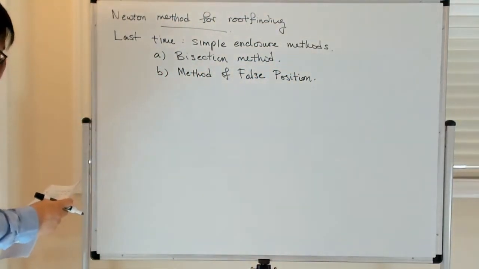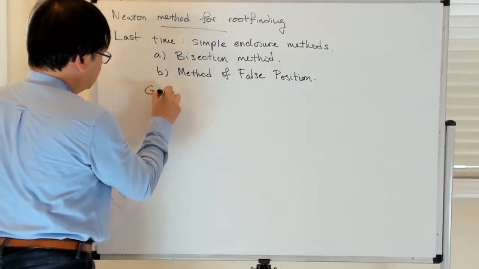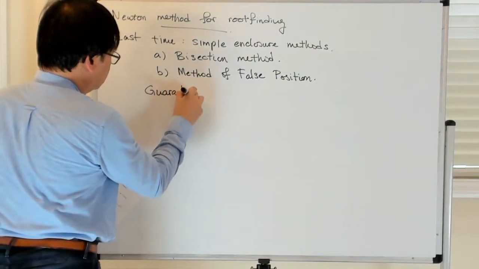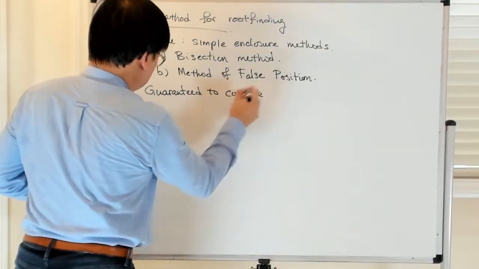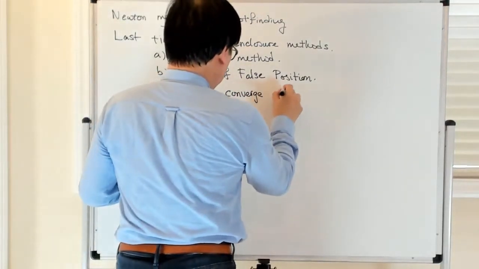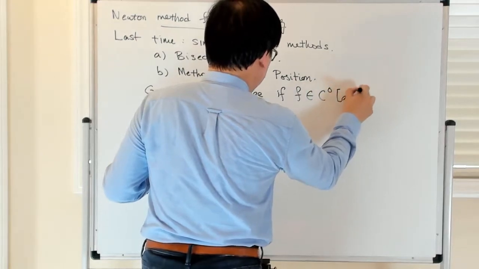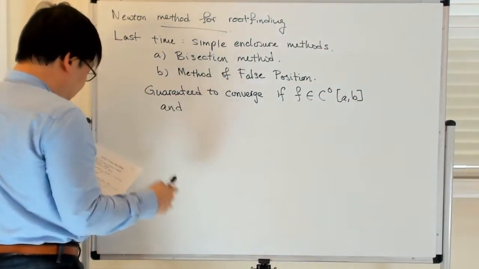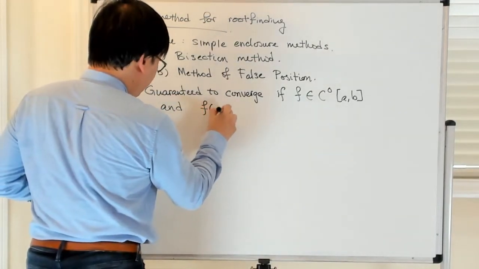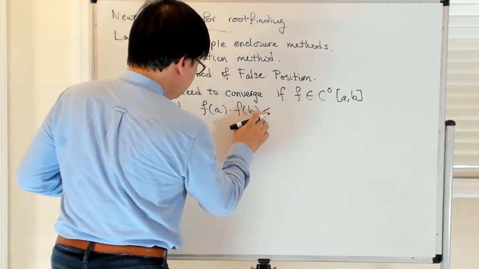If you recall, these were guaranteed to converge if f is continuous on the interval from a to b and the function changes sign, so f of a times f of b is less than 0.